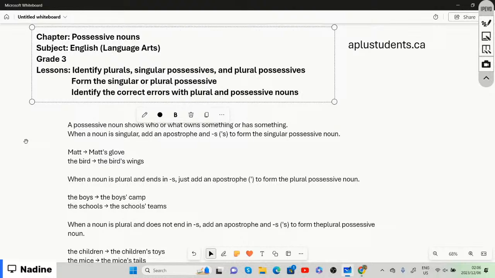And the lessons that we are going to be focusing on under the chapter of possessive nouns are to identify plurals, singular possessives, and plural possessives. We're also going to form the singular or plural possessive, and then identify the correct errors with plural and possessive nouns.